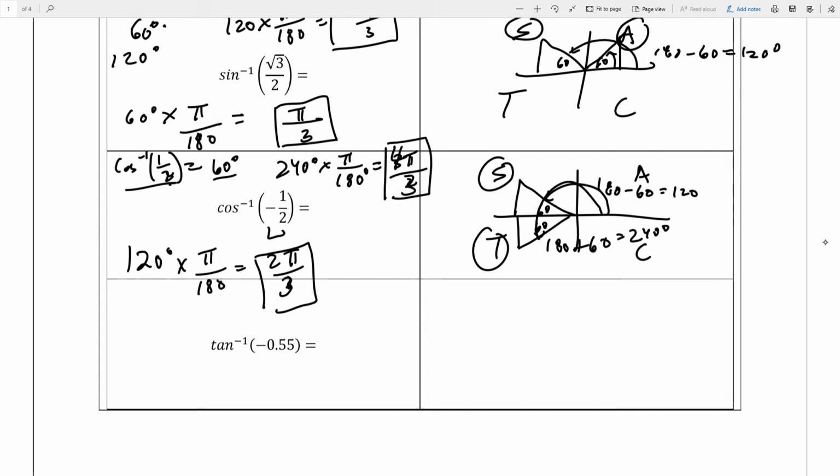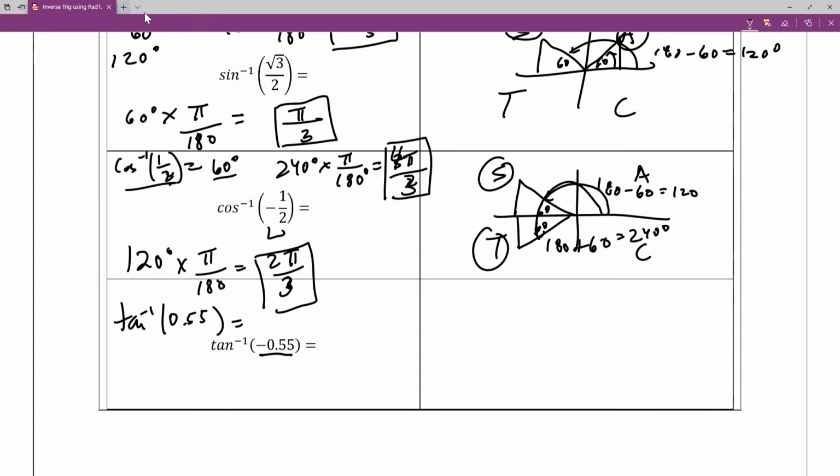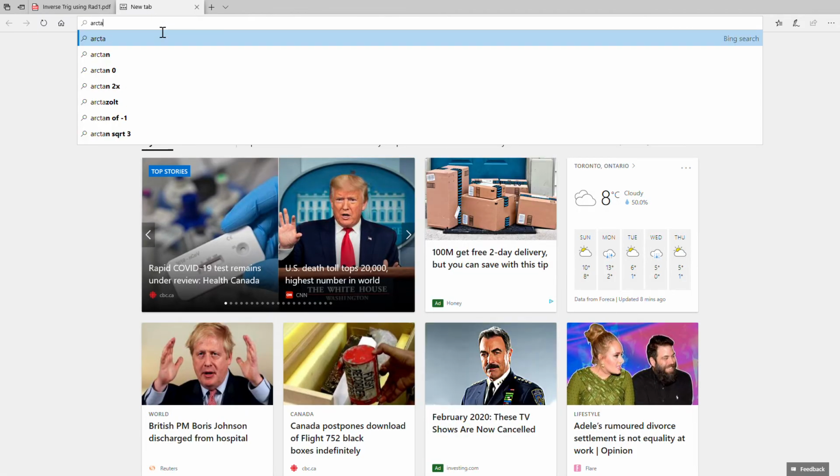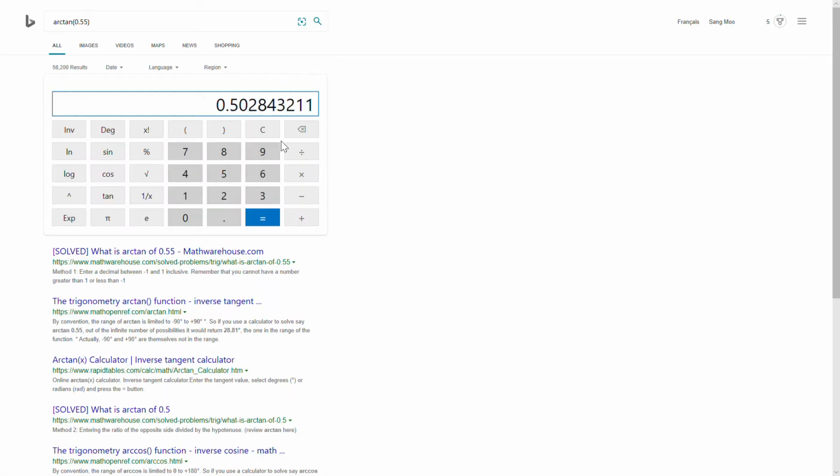Okay, our next question is a little different because it has a ratio that's not really special. So we first find the arctan of 0.55. This is going to be equal to, let's see, this is in degrees, inverse tan of 0.55, 28.81.